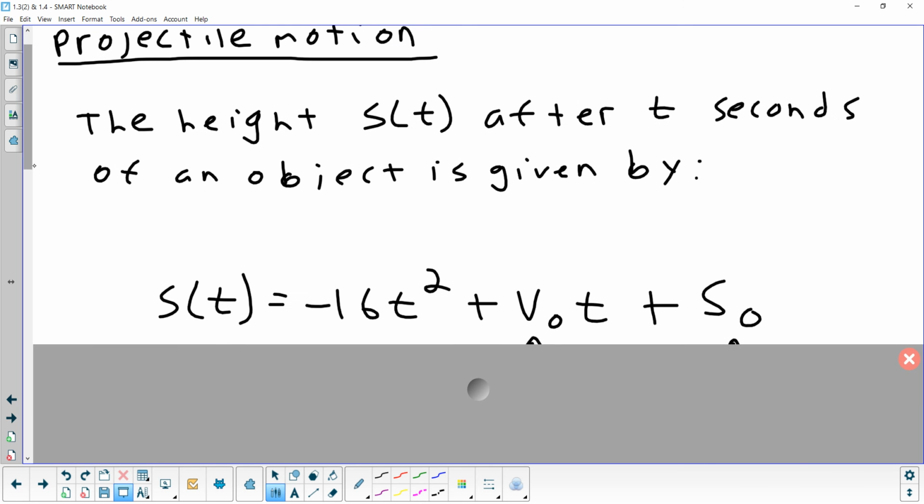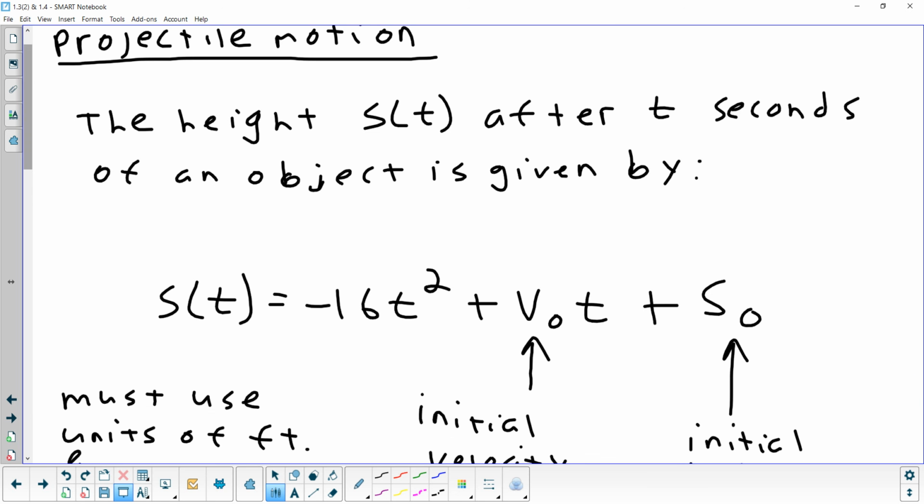This formula tells you how high an object will travel based on a few different things. So it's like you're taking an object and you're throwing it. That's what this models. How high the object is, first of all, depends on how long it has been in the air. How much time has it had to start going up?